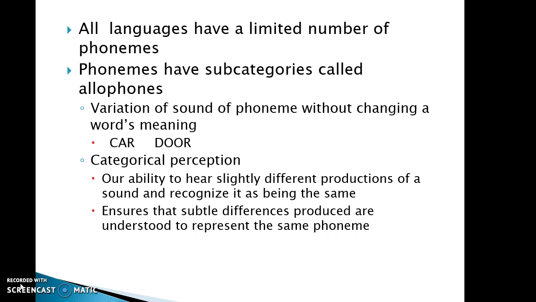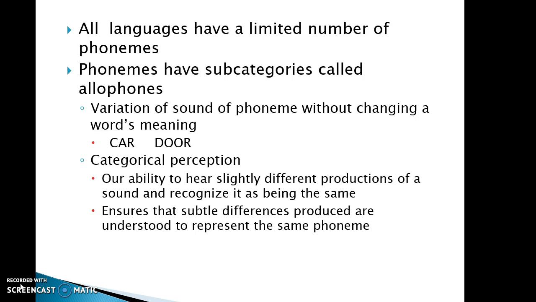I think your text or your notes potentially talk about a word with an F sound, find and phone. So we produce those sounds with a different level of extension of the sound in phone versus find. But again, just 2 variations of the sound, the same phoneme, and that's called an allophone.